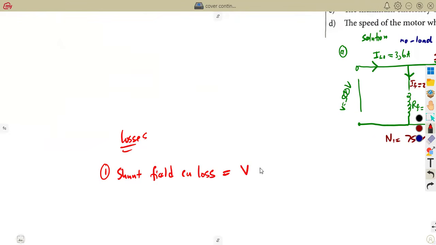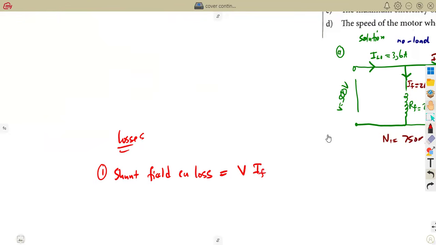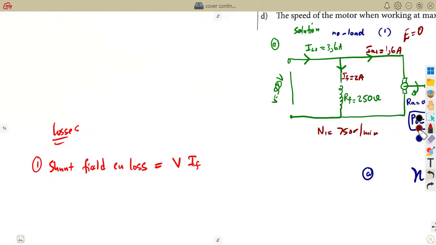Remember, those ones, we simply need voltage times the current in the field. If you want, there's resistance also in the field, so you can also use I squared times R. You can also use this formula. It's fine.